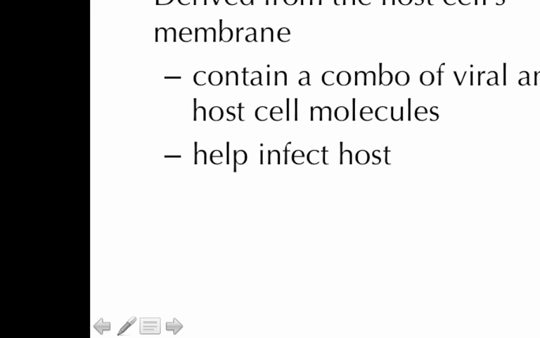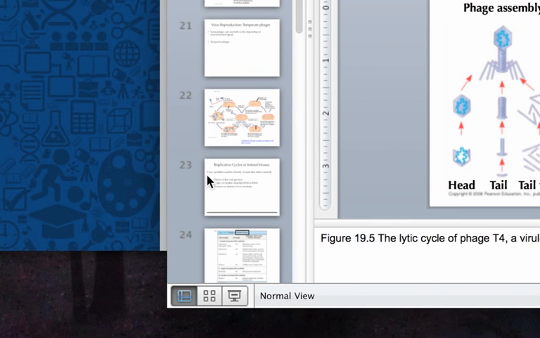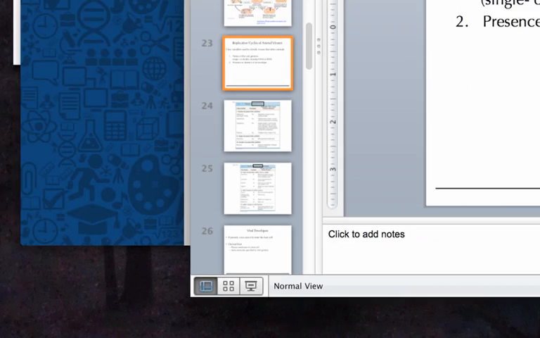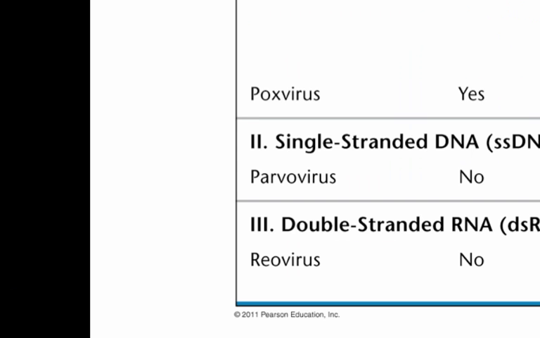It has all those glycoproteins of both host origin and viral origin on the outside, and then it has its capsid with its nucleic acid, the genetic material, on the inside of that. So a lot of animal viruses have envelopes, and so here's just an example of different types of animal viruses you've probably heard of.